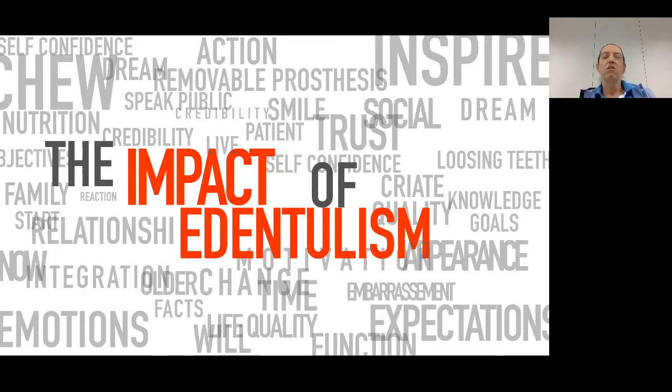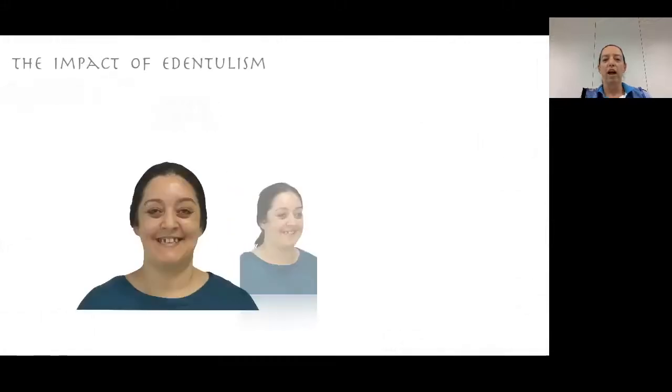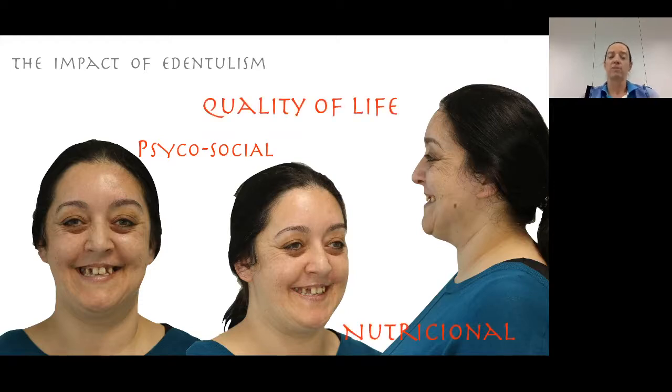It's very uncomfortable for them, and it has a big impact on their self-esteem. You can imagine how it affects a person's psychosocial life, quality of life, and nutritional condition.